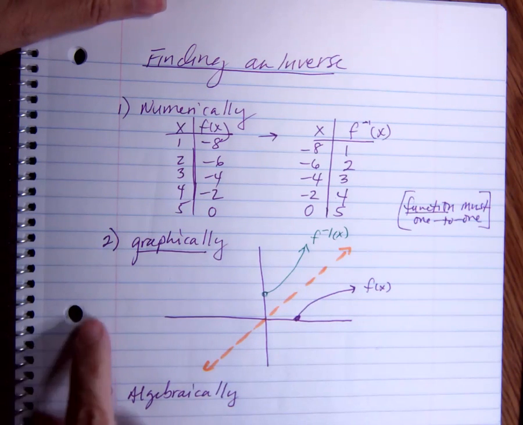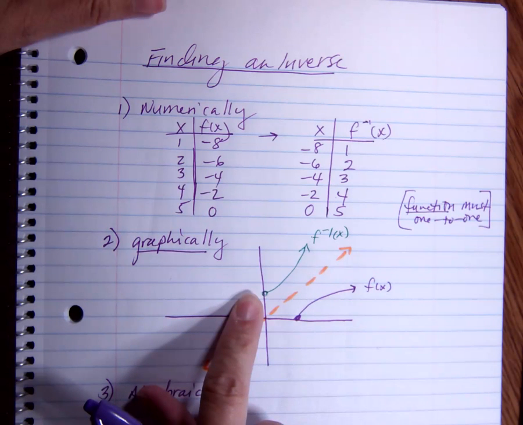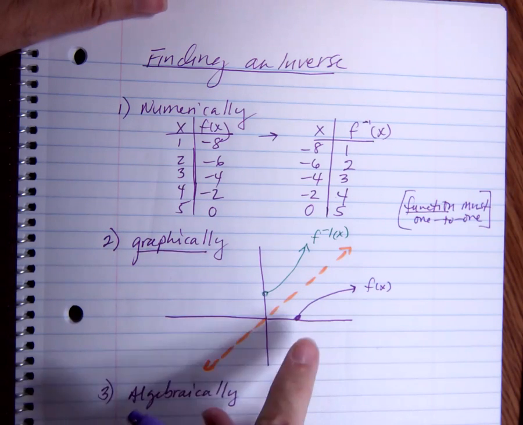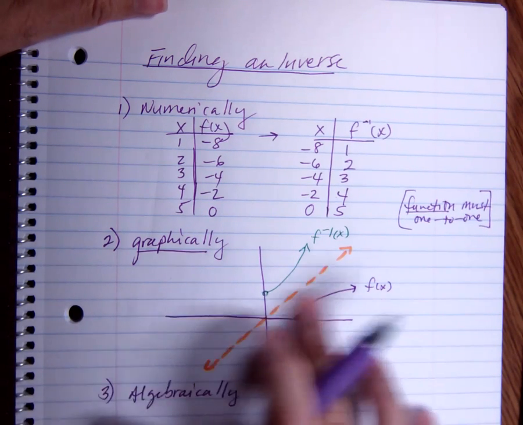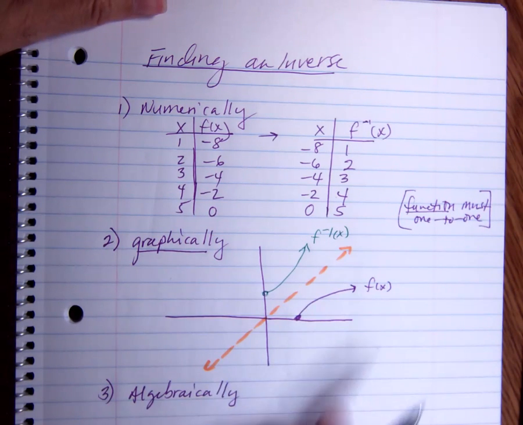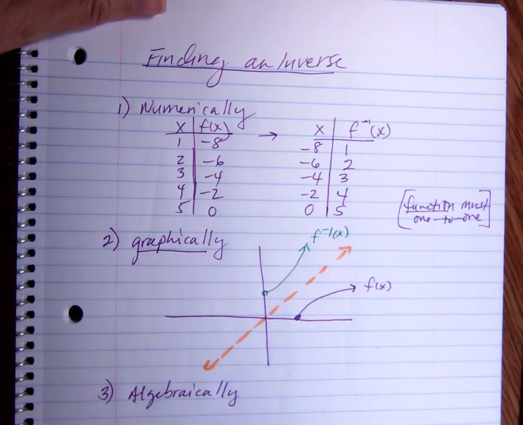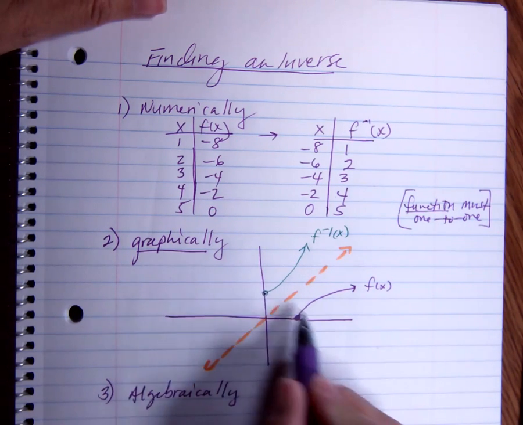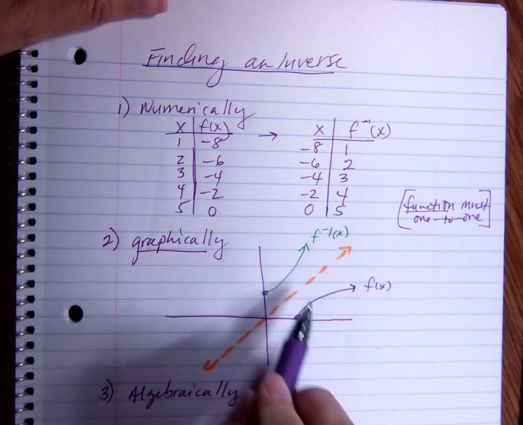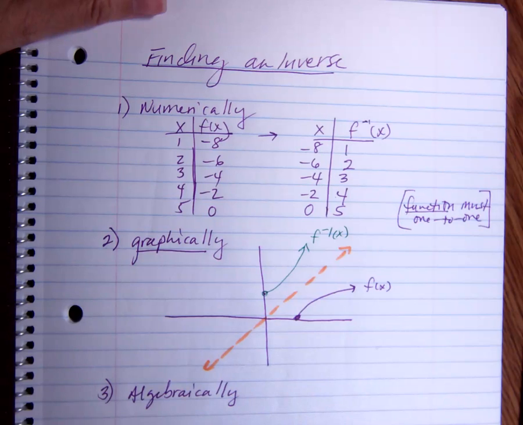So if you're repeating your y's graphically and then you swap, that would force you to be repeating your x's. Or in other words, graphically, if it doesn't pass the horizontal line test, then it won't pass the vertical line test when you flip it. So then it would not be 1 to 1. Okay, but again, for now we're mostly looking at, if I give a graph to you, can you reflect it to find its inverse?